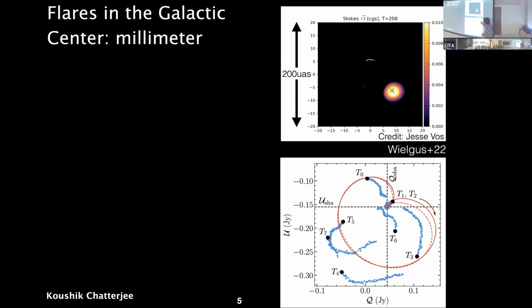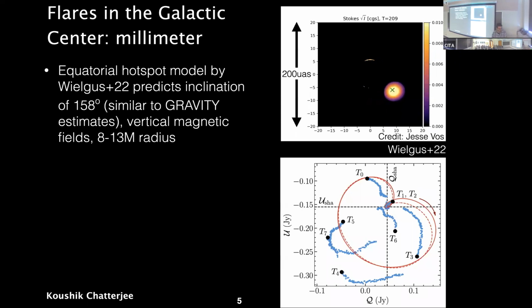They plotted Stokes U and Stokes Q, and they saw this loopy sort of behavior, which they assumed to be a flare represented by a hotspot moving around a black hole, with some inclination angle similar to what GRAVITY predicted for the hotspots before, around 150 to 160 degrees. They then assumed some magnetic field topology and some radius between 8 to 13 M, or gravitational radii.